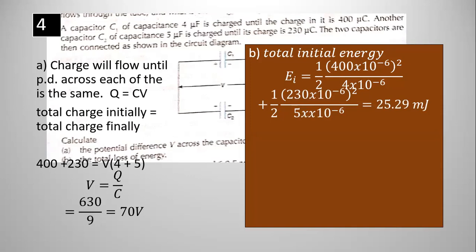That means you use V equals Q over C. This is Q, square that, change to SI unit. Q squared over C is this one, convert to SI unit. There's a half there. Then same for the other one, half. There's your Q, convert to SI unit, square that, divided by 5. Then just use the calculator.